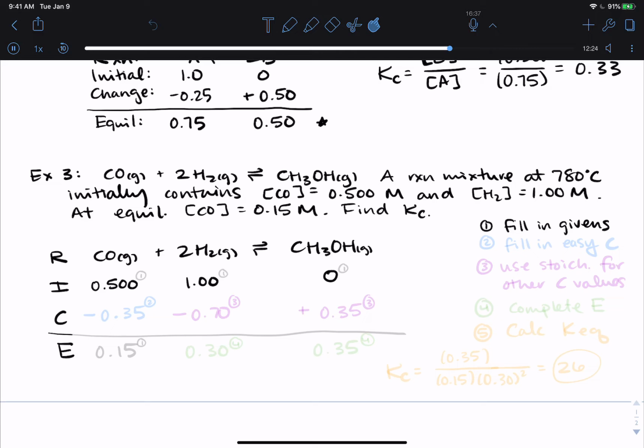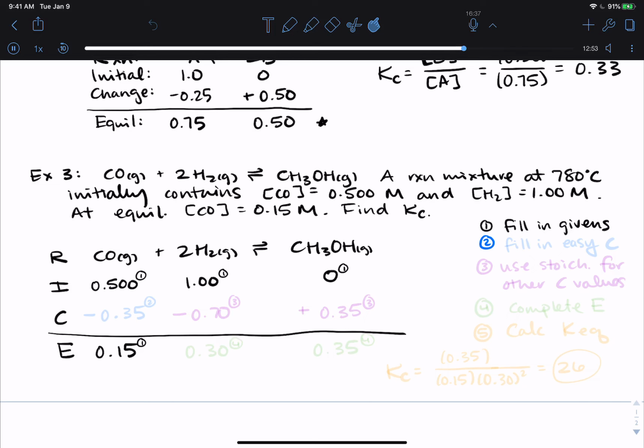Let me get my addition line here. And then I'm also told that the equilibrium concentration for CO is 0.15. So all of these things, I'll put a little 1 by them. I will also change colors for the next pieces, are the given information. Next step, we'll go blue.